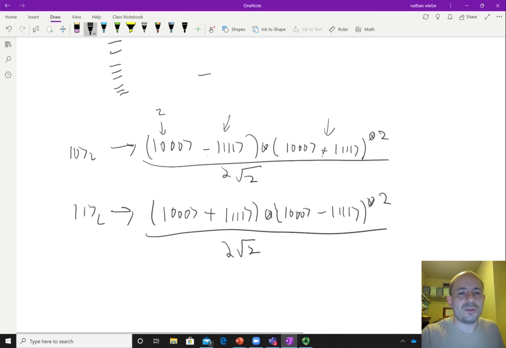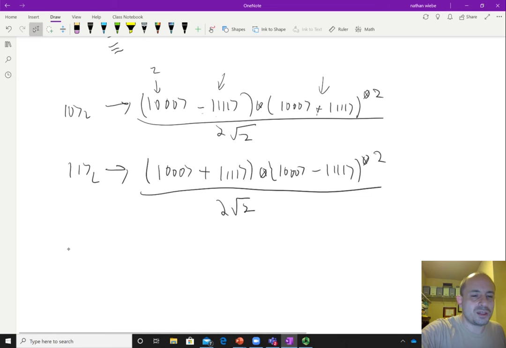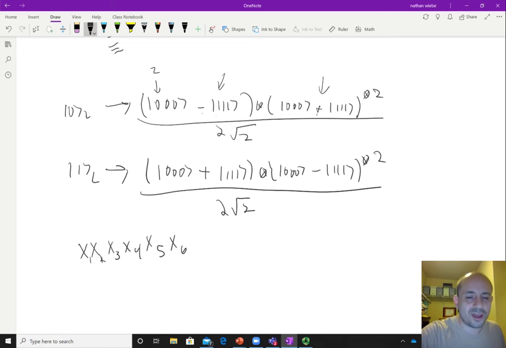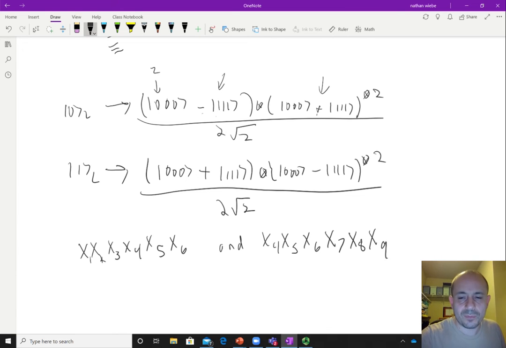The way that we can do this is we can measure the parity of the operator X1 X2 X3 X4 X5 X6, and X4 X5 X6 X7 X8 X9.